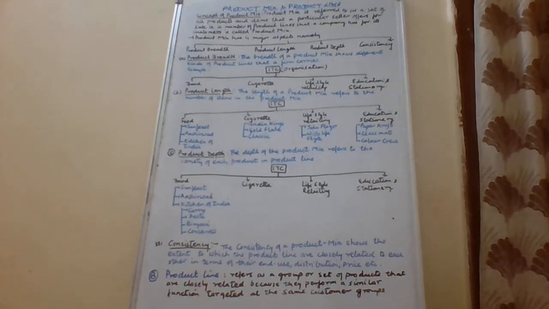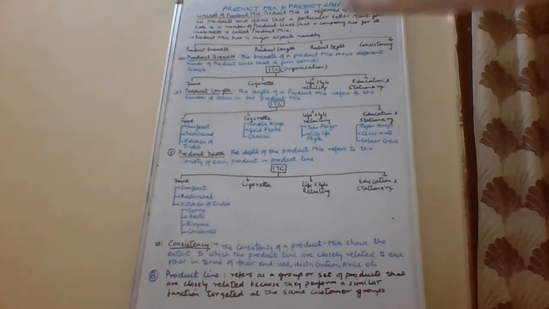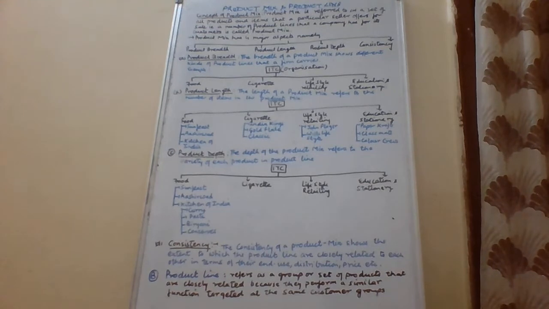This dimension of product mix represents the extent to which the activities of a firm are diversified. For example, in product breadth, food is one category, cigarettes another, lifestyle another, education another. So the ITC organization has diversified into various products, and all are unrelated to each other.